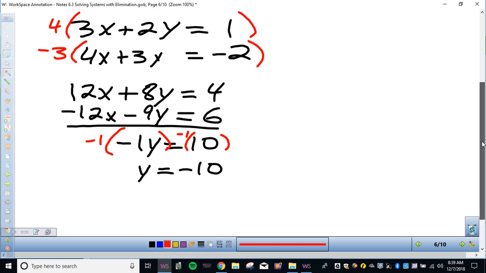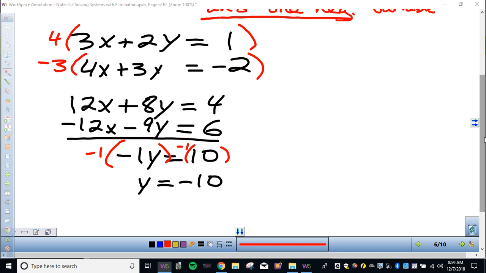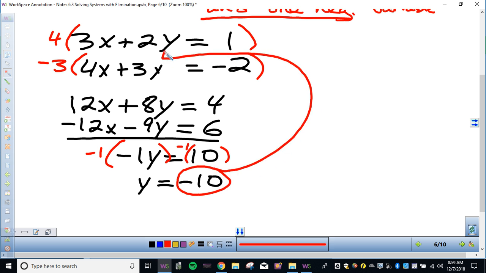If we look at the 2 original equations, the top one has all positive numbers, so I'm going to plug into the top equation. So my y value is -10. I'm going to plug in right there. Okay, so we get 3x plus 2 times -10 equals 1.